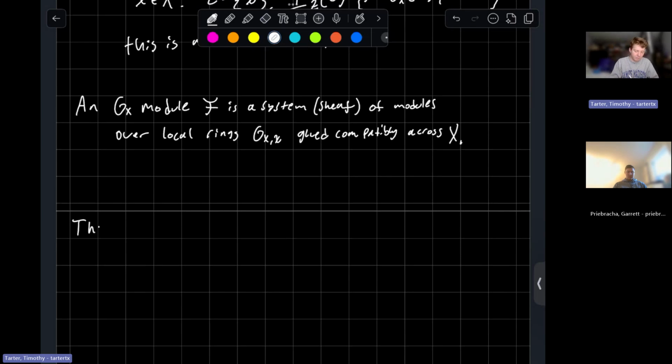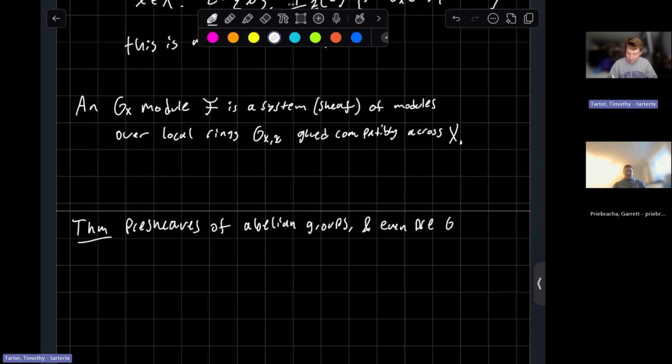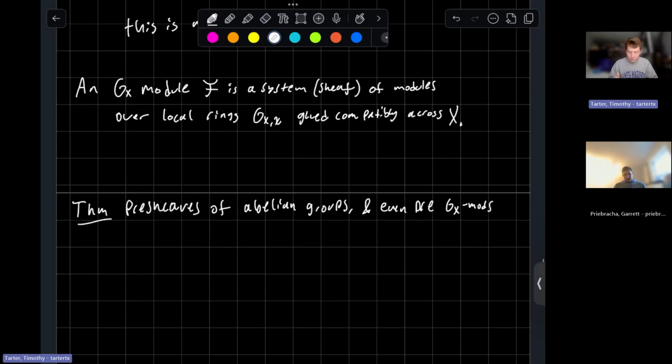So, theorem: pre-sheaves of abelian groups and even pre-sheaves of OX modules form an abelian category.